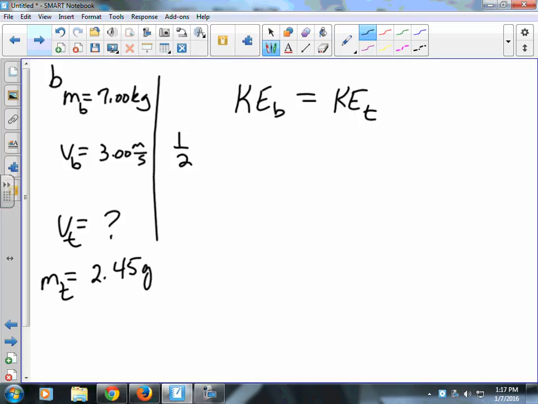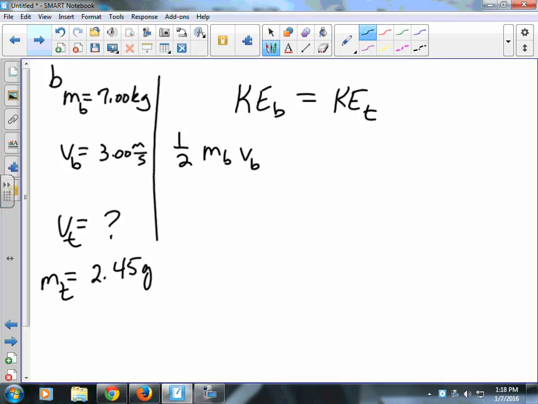All right, so KE of the bowling ball means 1/2 the mass of the bowling ball times velocity subscript B, squared, because we're dealing with the bowling ball on the left side.